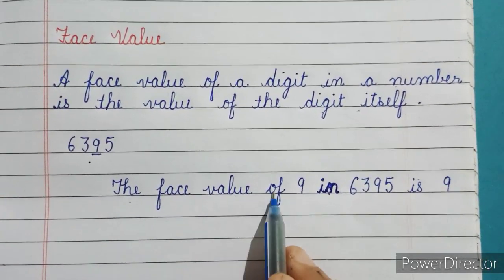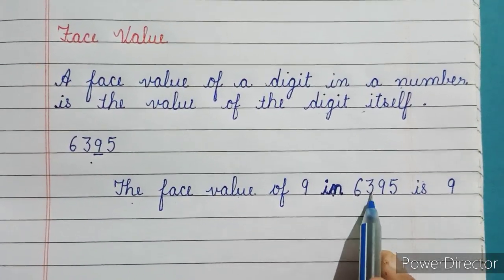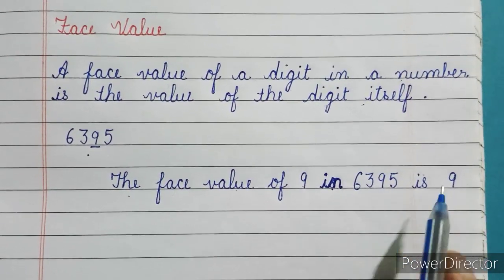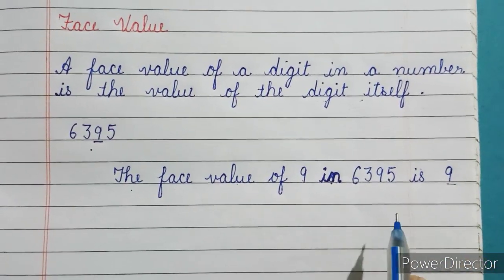The face value of 9 in 6,395 is 9. Okay, children.